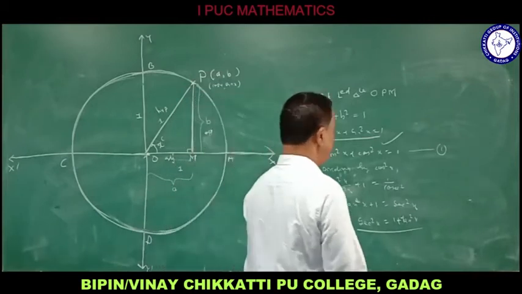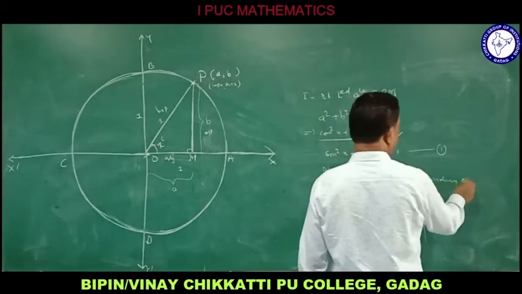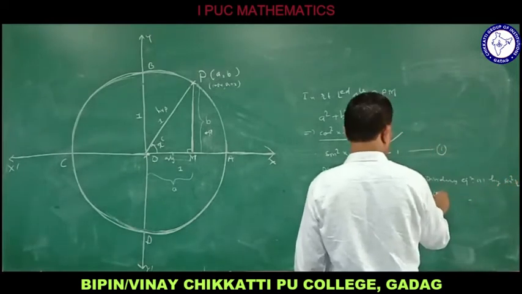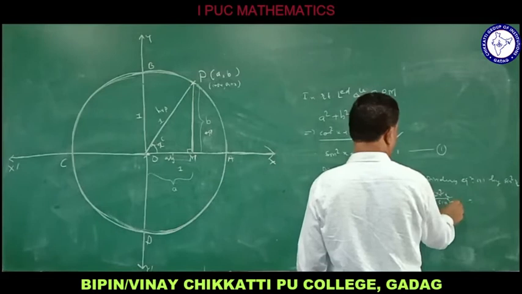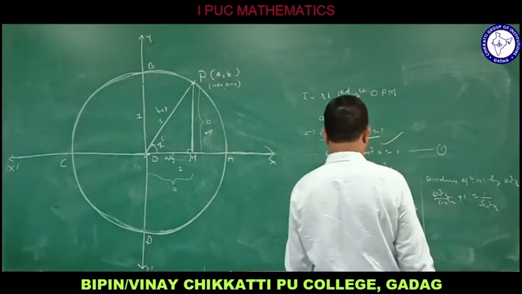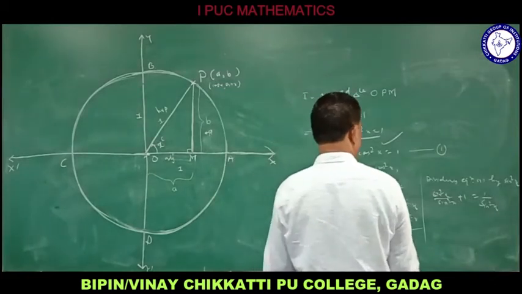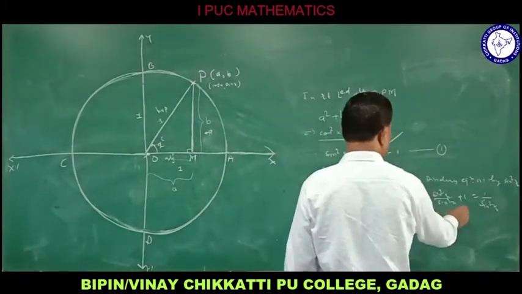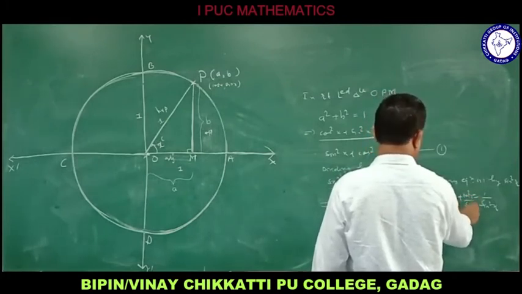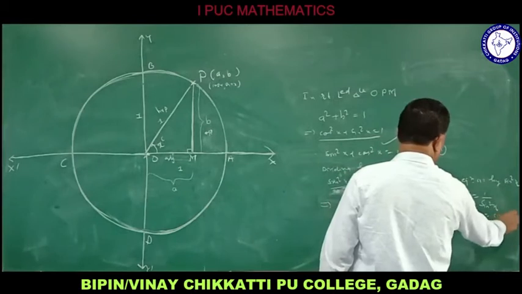And once again I have to go for dividing the equation by sin square x. So what happens? Sin square x by sin square x plus cos square x by sin square x equal to 1 by sin square x. Sin square x by sin square x is 1, and cos square x by sin square x is cot square x, and 1 by sin square x is cosec square x.